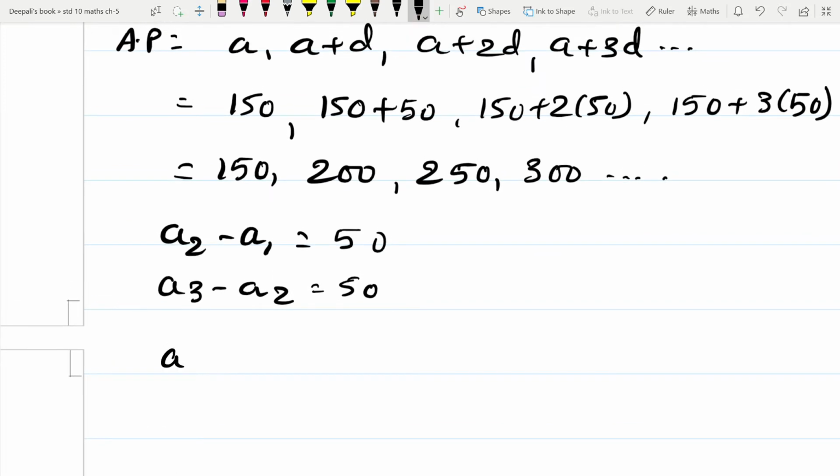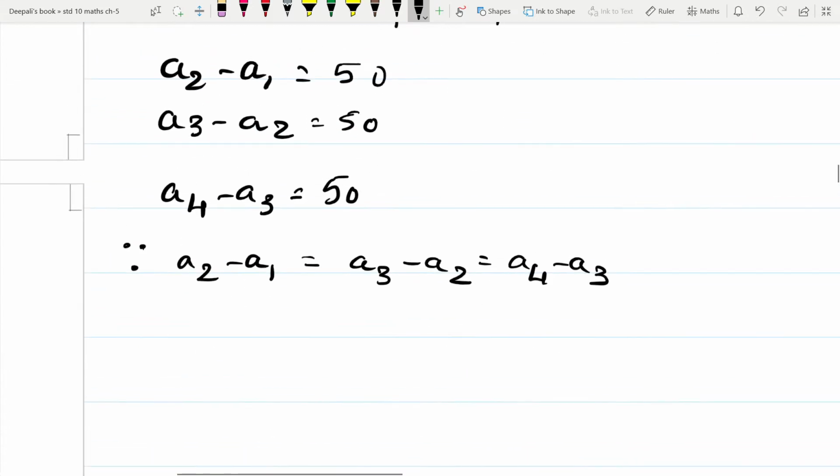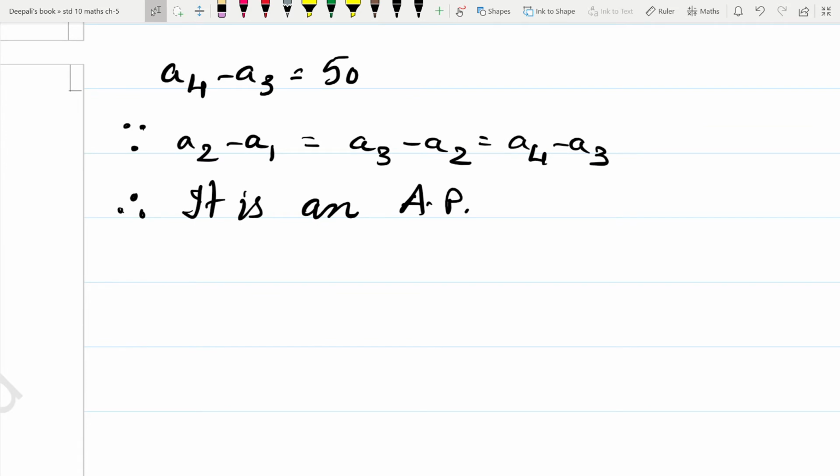And A4 minus A3, I get 50. Because A2 minus A1 is equal to A3 minus A2 is equal to A4 minus A3, therefore, it is an AP. Is this clear? Now let us check the fourth question.